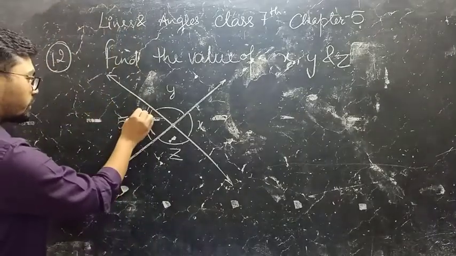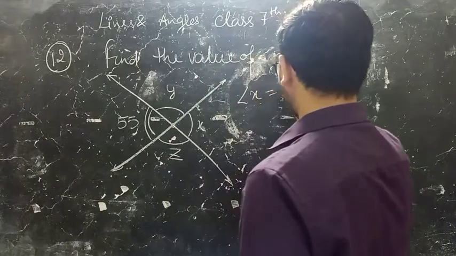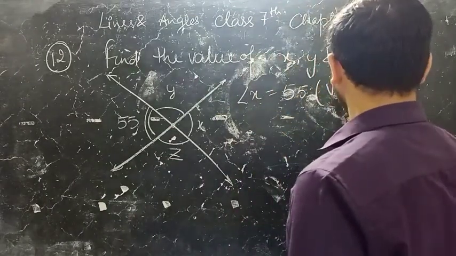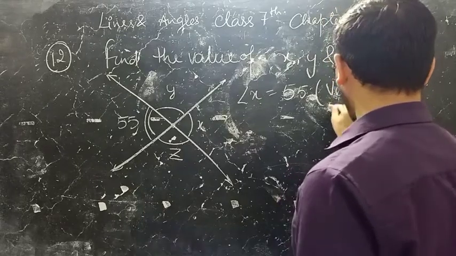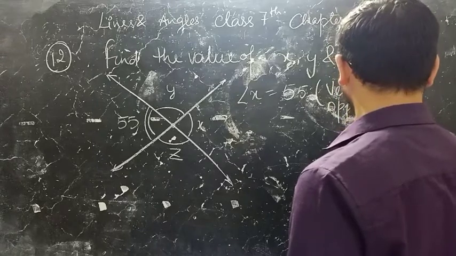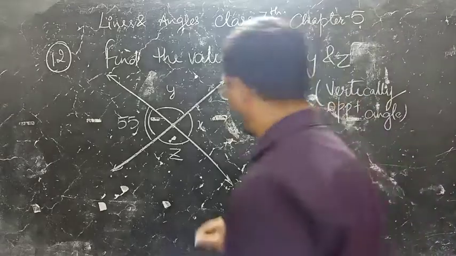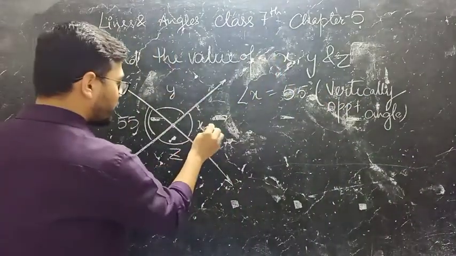So angle x is equal to 55 degrees, because these are vertically opposite angles.